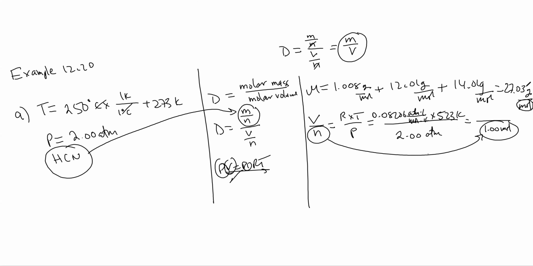It's like molar mass, which is the mass of a substance per 1 mole, but this is the volume of the substance per 1 mole. Let me do all of these calculations to get that volume per 1 mole: 0.08206 times 523, and then divided by 2.